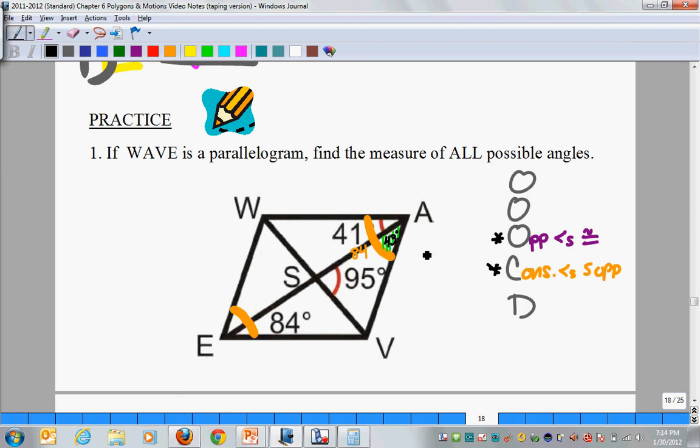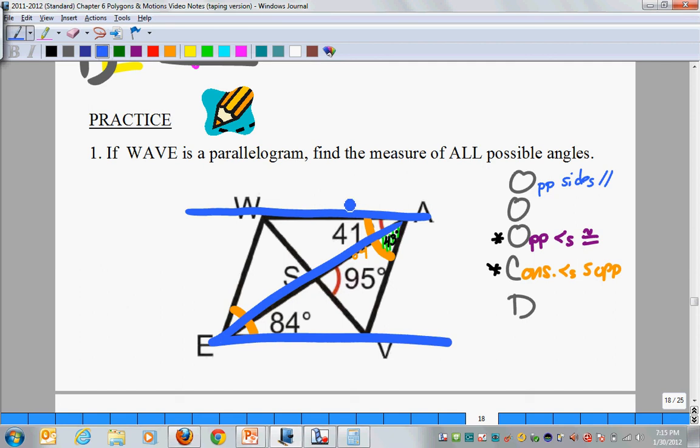Now remember, we know that opposite sides are parallel. So opposite sides parallel. That means we can find armpits of the Z. Whenever you have parallel lines, we're going to go ahead and draw our first armpit of the Z. And we see here, if this is 41, that this angle right here must also be 41.